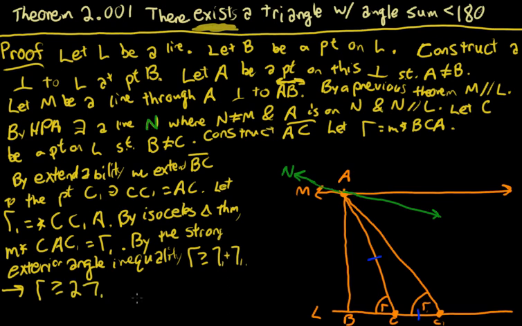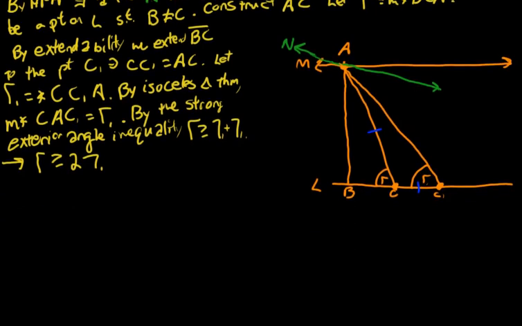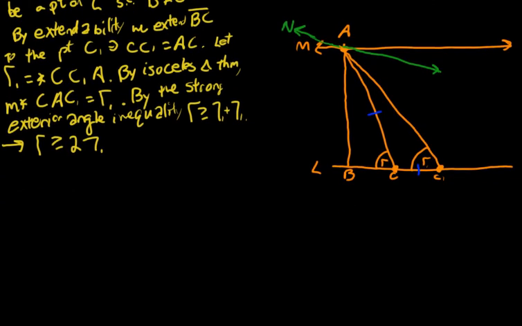So we can continue this by repeating the same thing over and over. We'll extend this line that we just made to C sub 2 such that C sub 1 C sub 2 is equal to AC.